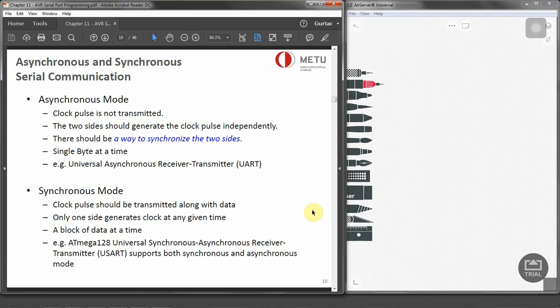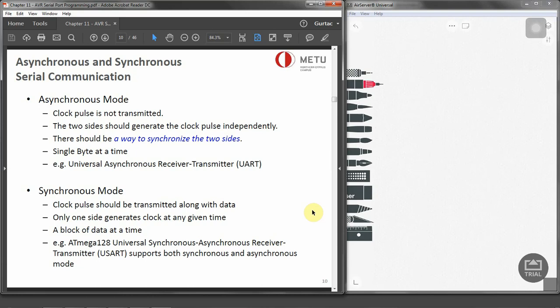But there should be a way that they are going to synchronize as we are not using the clock over there. And with the asynchronous mode, we can actually transfer a single byte at a time. And generally we call this universal asynchronous receiver transmitter, which we already said.